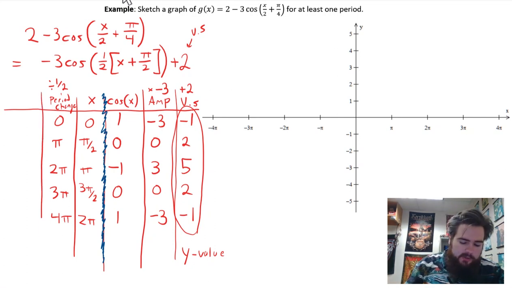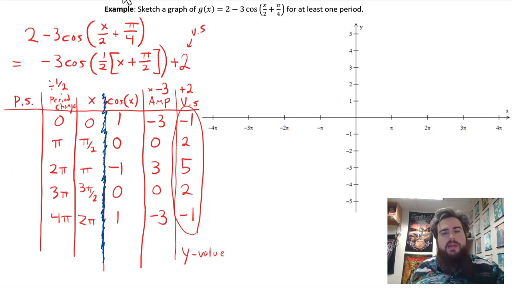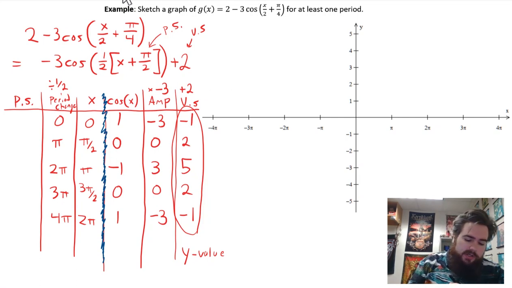After the period change, we lastly apply our phase shift. The phase shift here is the value that we have that is adding or subtracting x. And this phase shift actually implies that we are moving to the left because we have a plus in front of it. So what we're actually going to do is subtract by pi halves.